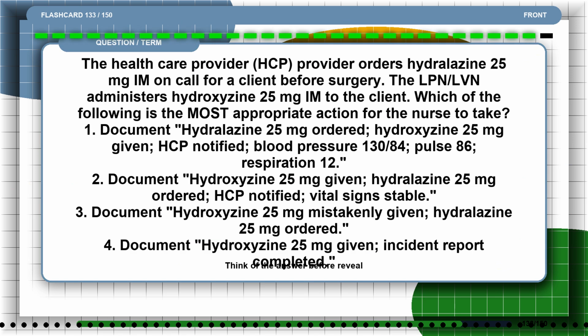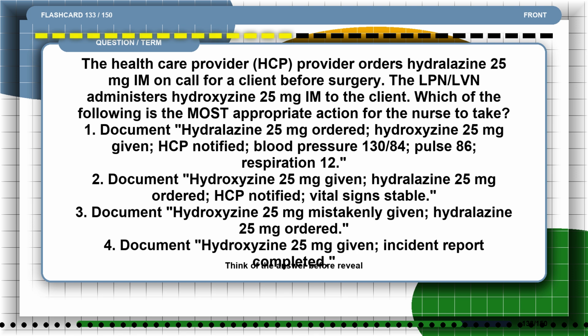Flashcard 133. The healthcare provider, HCP, orders hydralazine 25 mg IM on call for a client before surgery. The LPN/LVN administers hydroxyzine 25 mg IM to the client. Which of the following is the most appropriate action for the nurse to take? 1. Document hydralazine 25 mg ordered, hydroxyzine 25 mg given, HCP notified.